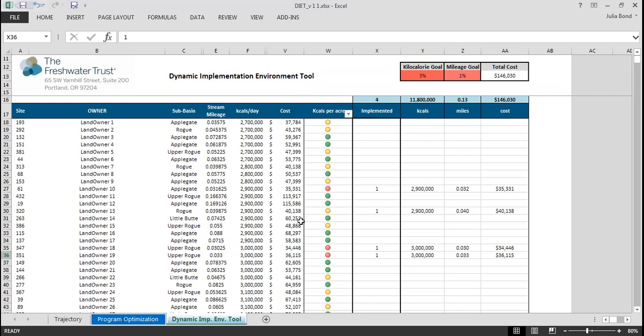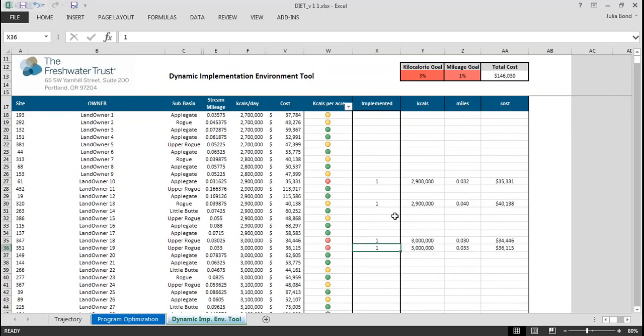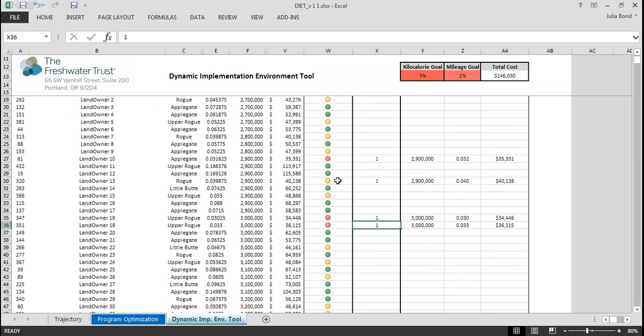And then what you're looking at now is a back end that we've developed for our recruiters down in the Rogue, our landowner recruitment professionals and project managers. Again, we've anonymized this, but when they are looking at these sites, they're not all the same.